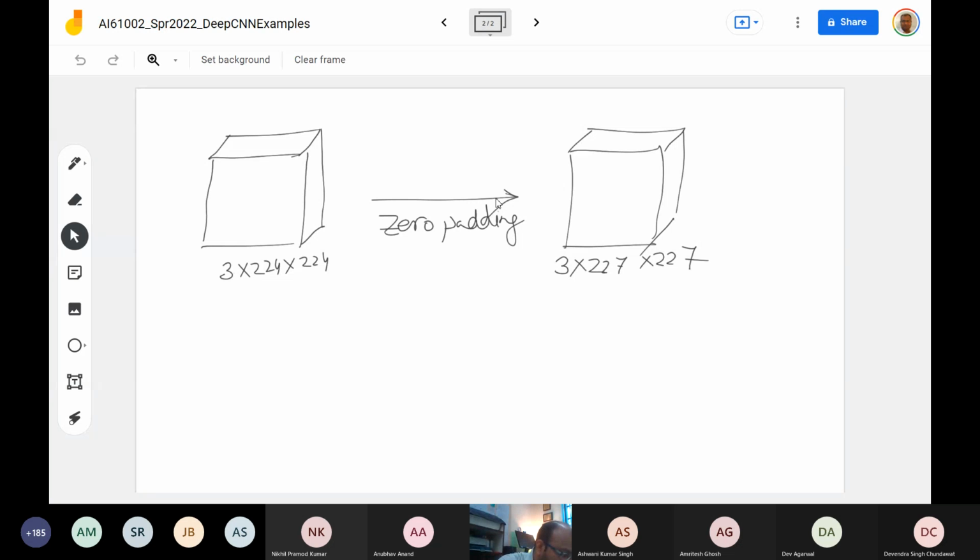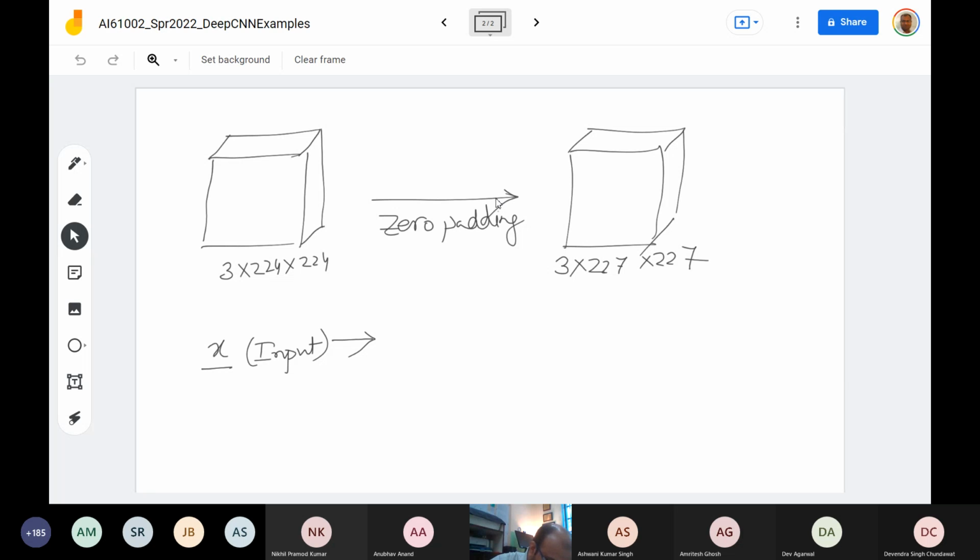Okay. Now what it used to have is something like this: you have your input X which goes in. This goes into a network which has 96 convolution kernels.